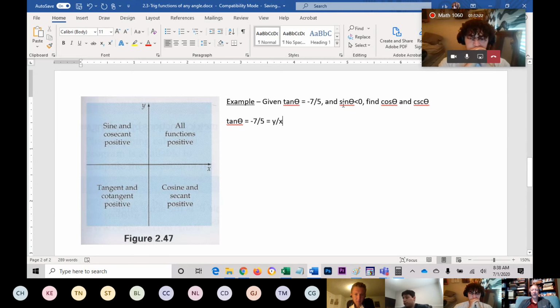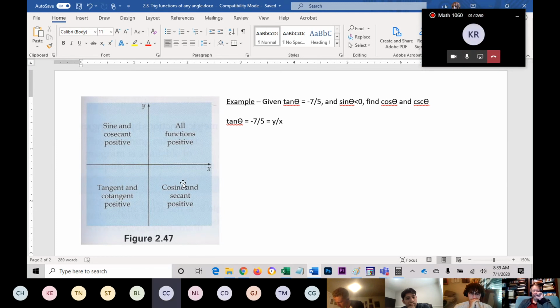So the question is, which quadrant are we in? If the sine is less than 0, we can't be in quadrant 1 or 2. So we have to be in quadrant 3 or 4. And we know that the tangent is negative, so we can't be in quadrant 3, so we have to be in quadrant 4. Does that make sense? Okay.